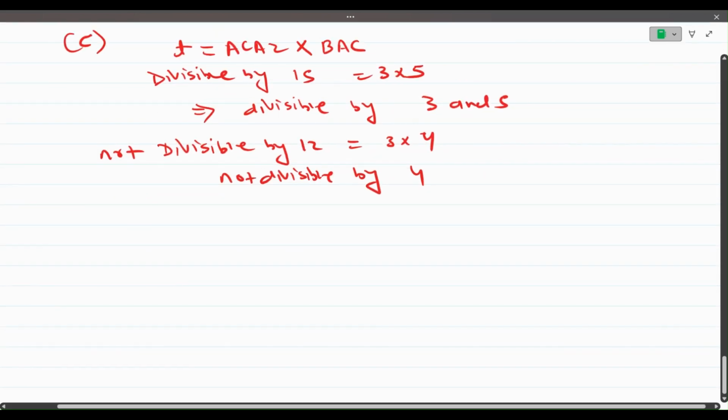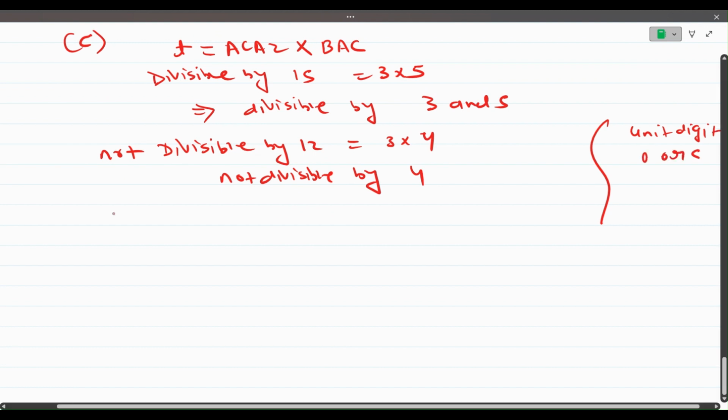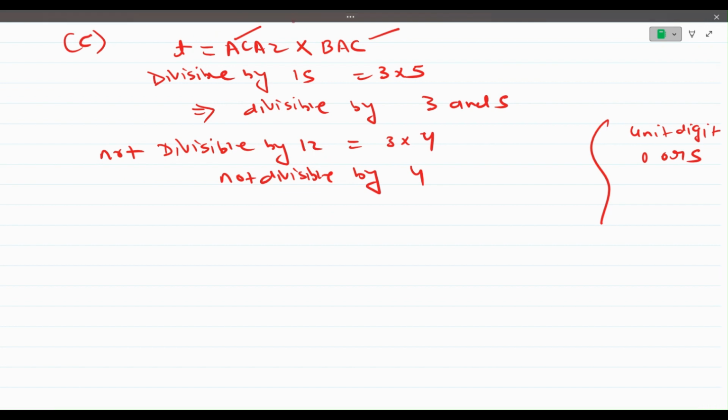We know that the divisibility rule of 5 is that the unit digit should be either 0 or 5. So t has two parts. The first part has 2 in the unit digit, so it is not divisible by 5. Then we must be sure that BAC is divisible by 5.